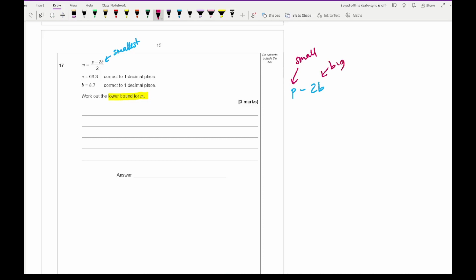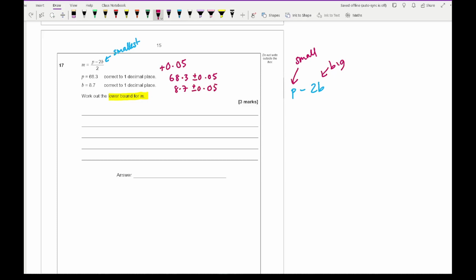So if I look at the values of p and b in terms of the upper and lower bounds, to 1 decimal place I'm just going to be adding and subtracting 0.05 to both these numbers. So I've got 68.3 plus or minus 0.05, and for 8.7, again, I'm going to be adding and subtracting 0.05.